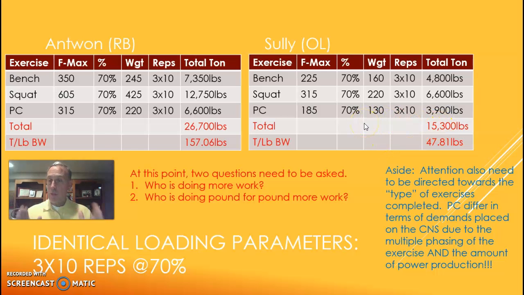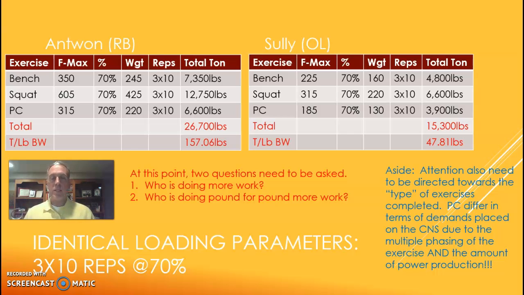Now here comes another part of the equation. Antoine weighs 170, Sully weighed 320. Pound for pound, Antoine is being asked to push 3 times the amount of body weight. So I have to ask you, who is doing more absolute work? Antoine. Who is doing more work pound for pound? Antoine.